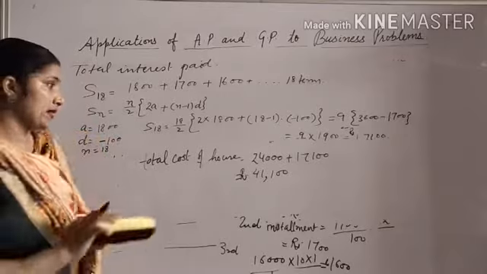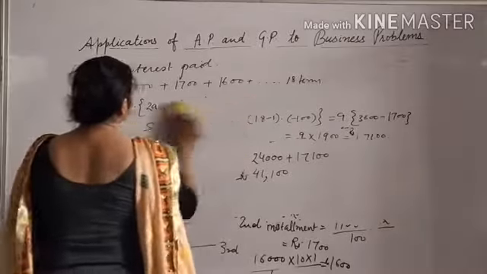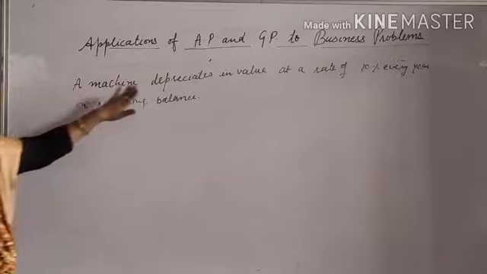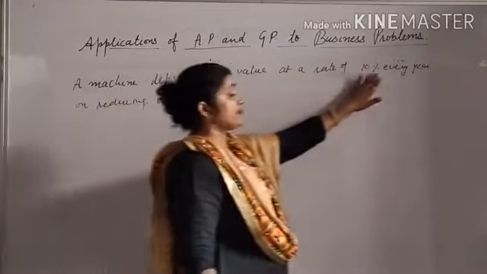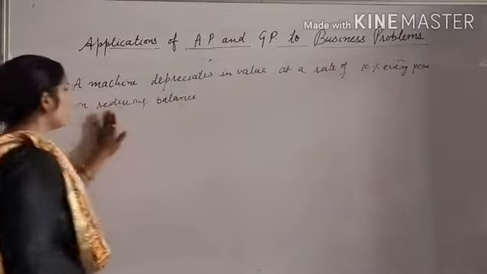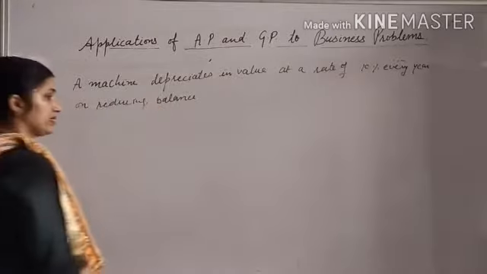Okay, let's do one more problem. A machine depreciates in value at a rate of 10% every year on reducing balance.